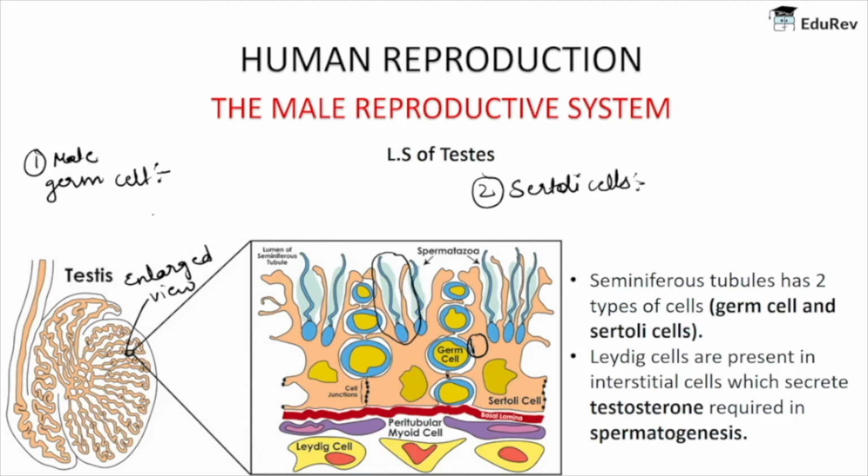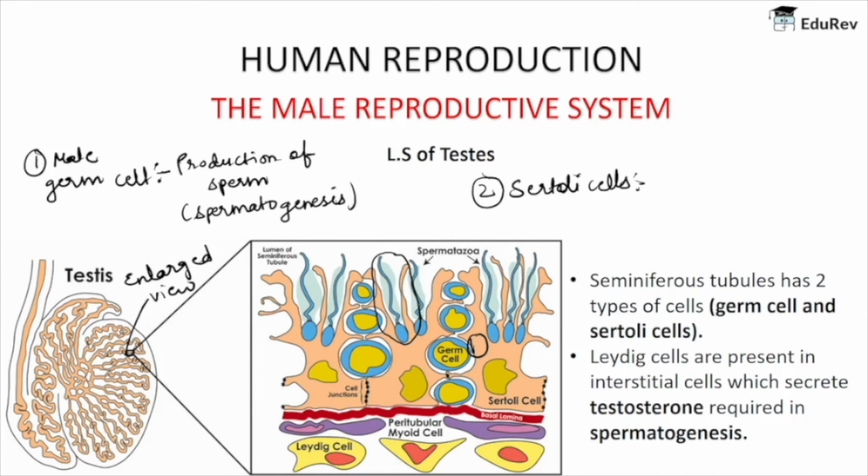So can I write here that they are involved in the production of sperms, which is also called spermatogenesis? Yes, spermatogenesis.